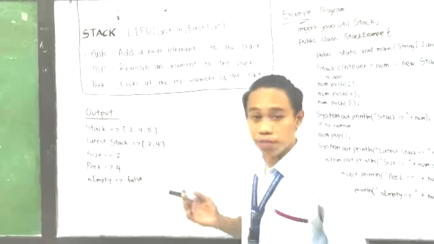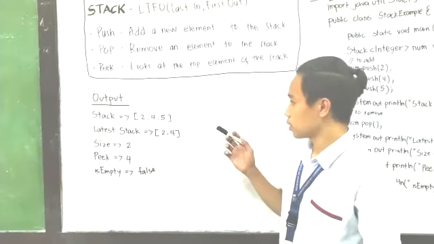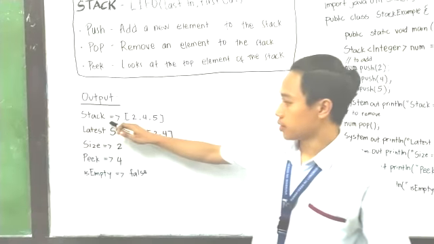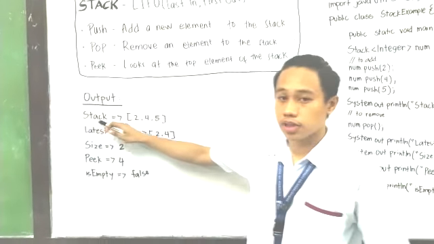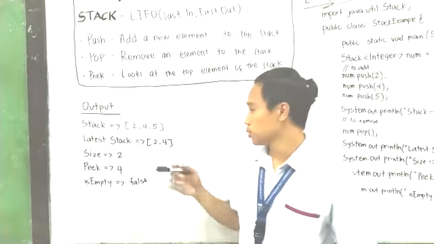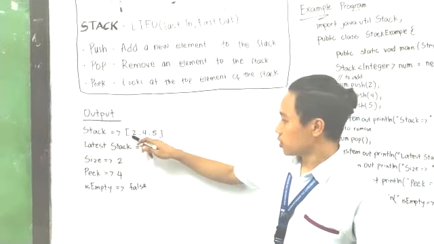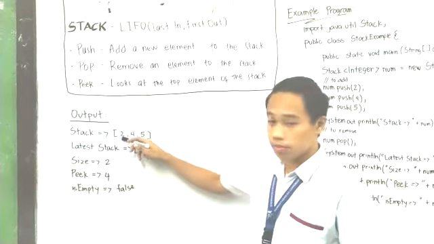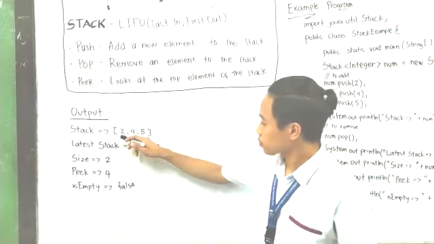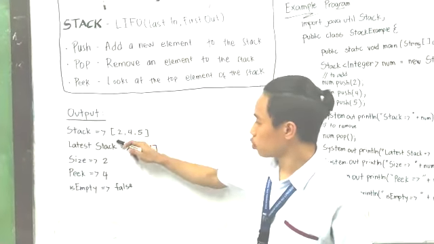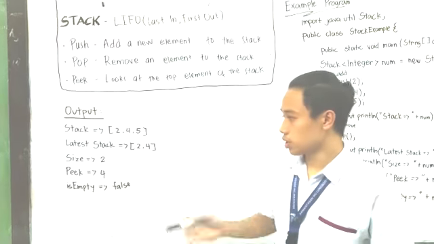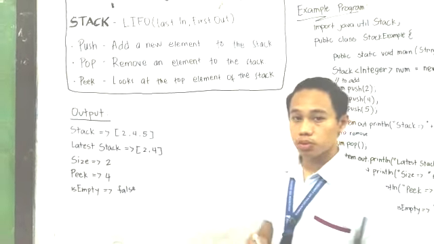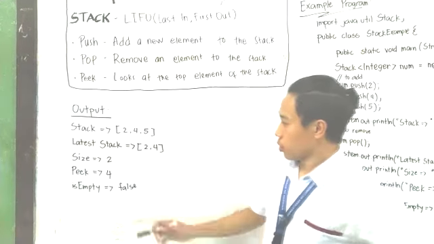The output of our program is what is inside the System.out.print that I told you. These are the elements that we added in the program before: the elements 2, 4, 5. This is the order in which we put the elements.